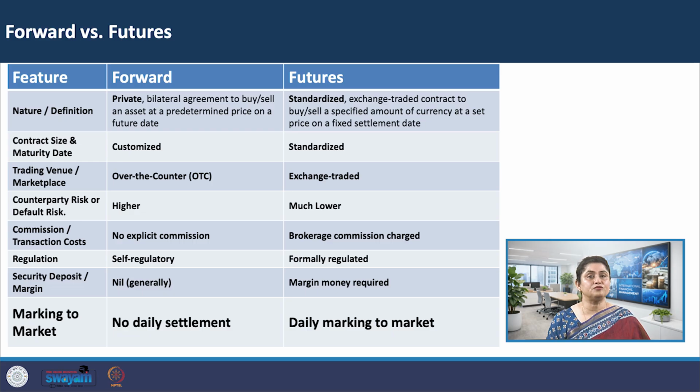If the market moves in favor of the trader, money is added to the margin account, and the margin account acts as a security against the default risk. If the market moves against the trader, money is deducted from the margin account. If the margin balance falls below the minimum level, the trader receives a margin call and must deposit additional funds immediately.